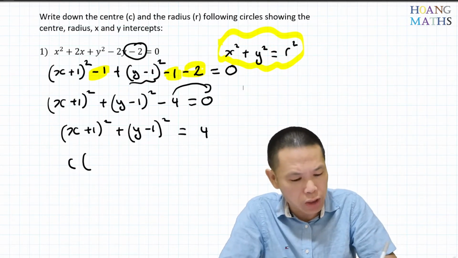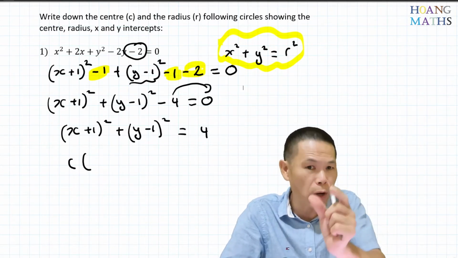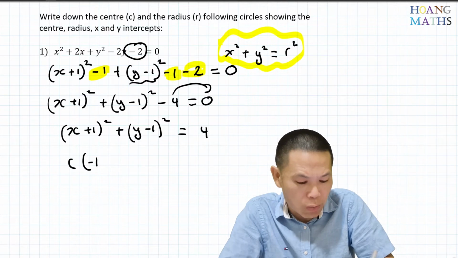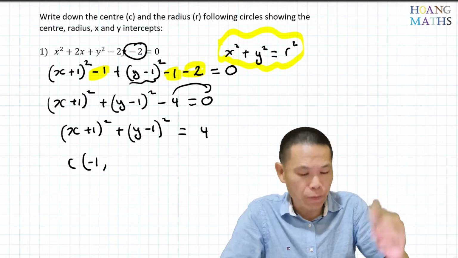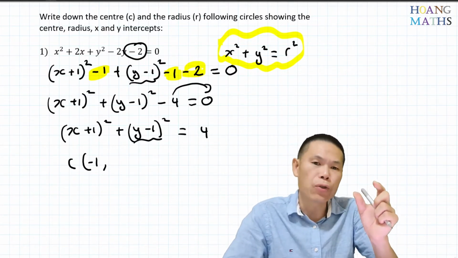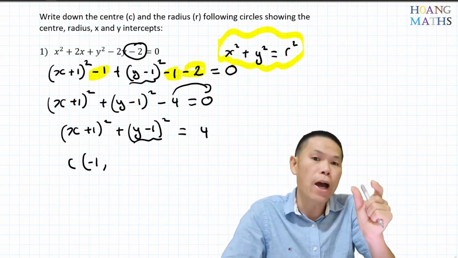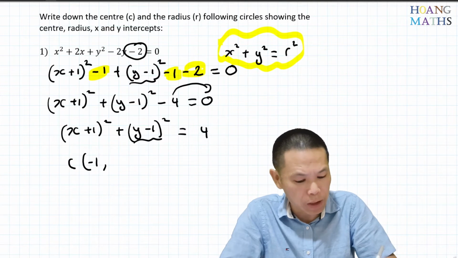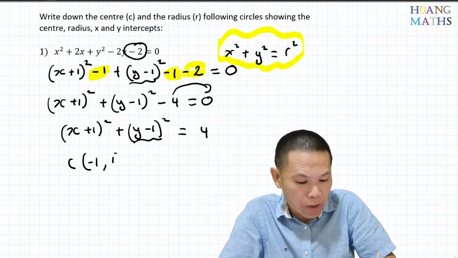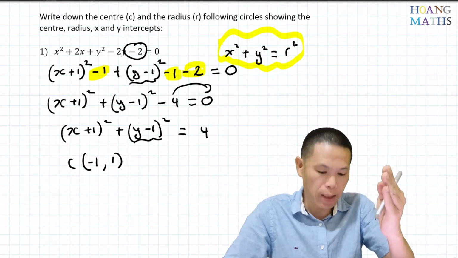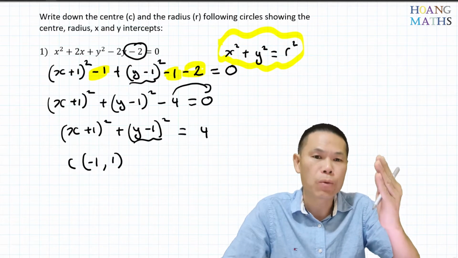So from the center (0, 0), we move 1 to the left, which is negative 1. For the y value, (y minus 1) squared means it moved up 1 unit, so this becomes 1. So the center of this circle is (negative 1, 1).